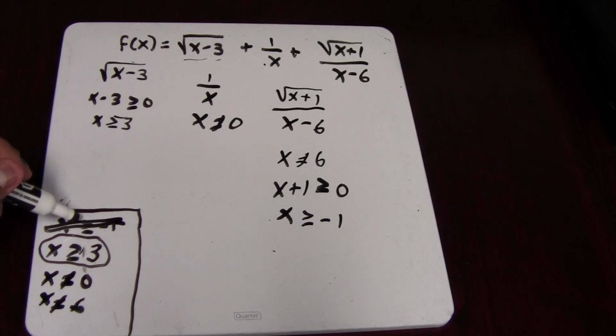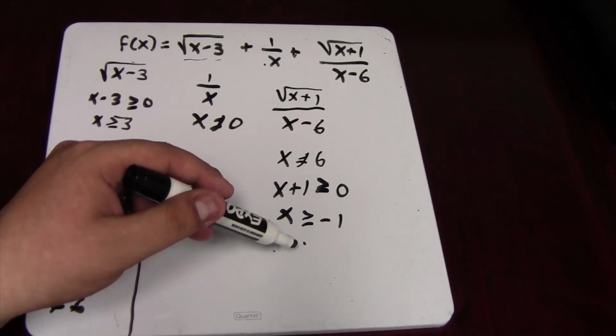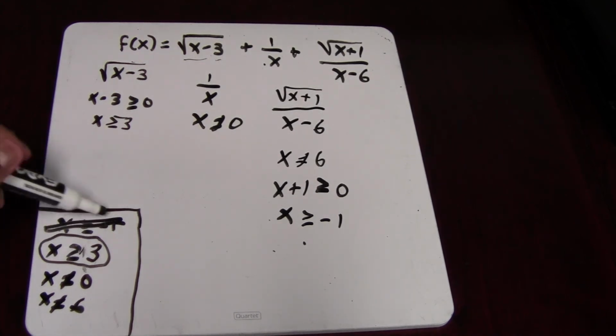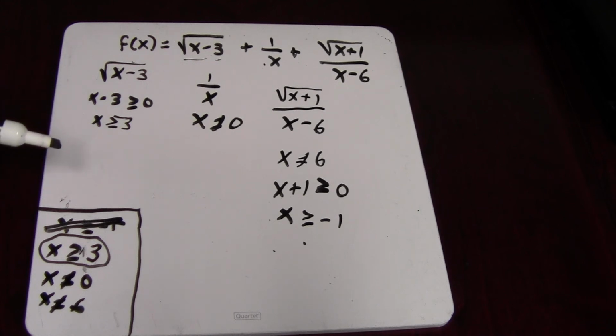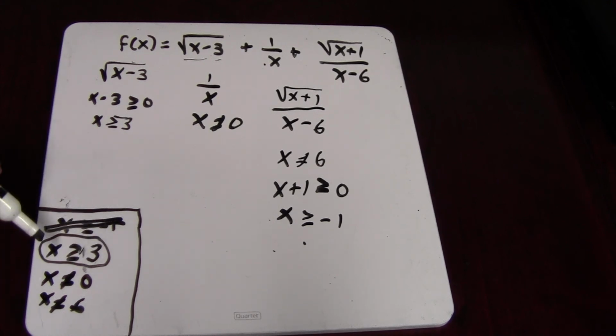Notice I crossed this one out because if I picked, for example, 0, which is greater than negative 1, well, that's not greater than or equal to 3. So I can't pick that one. There's no information there that's giving us anything new that will work for all of them. 3, however, will work for all of them. So I picked 3 instead of negative 1 because they were both greater than.